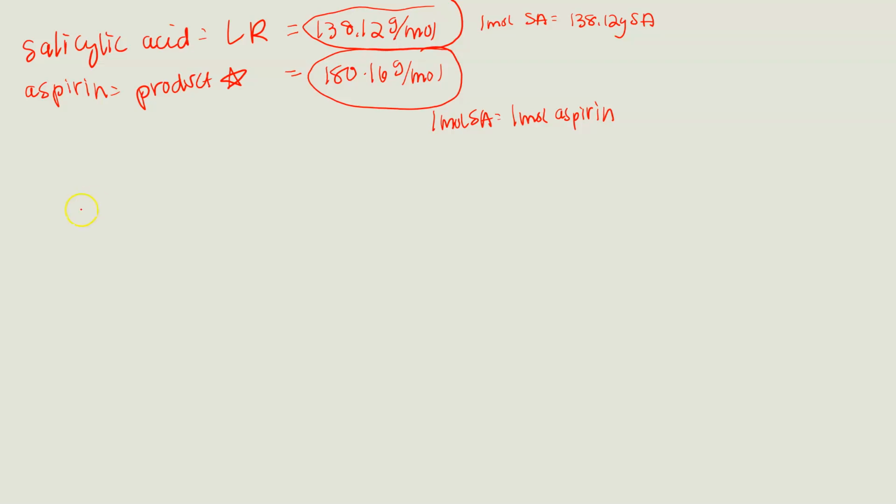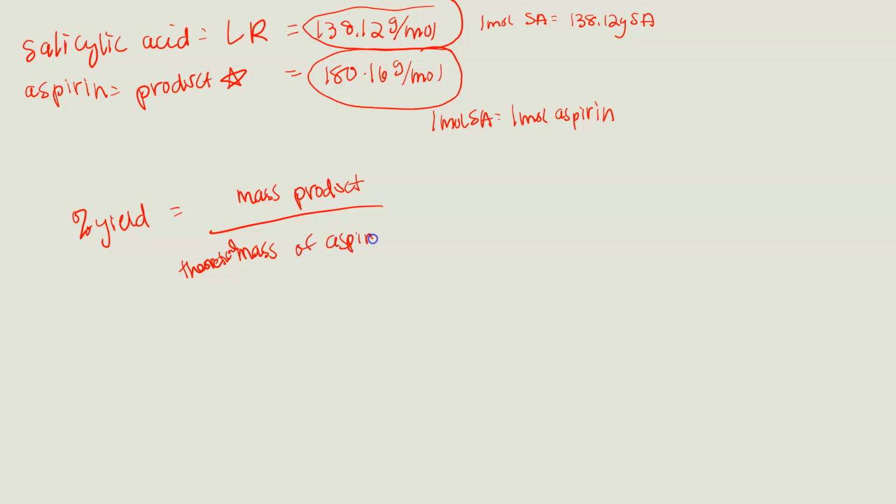So when we do our percent yield, we're going to be comparing your mass of your product, which again we're assuming is aspirin, divided by the theoretical mass of aspirin.